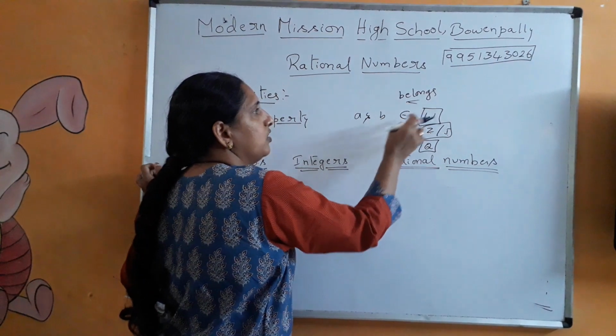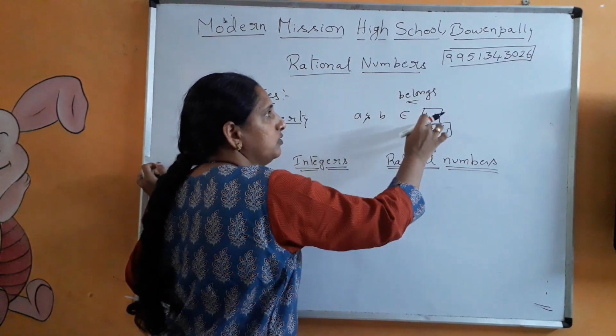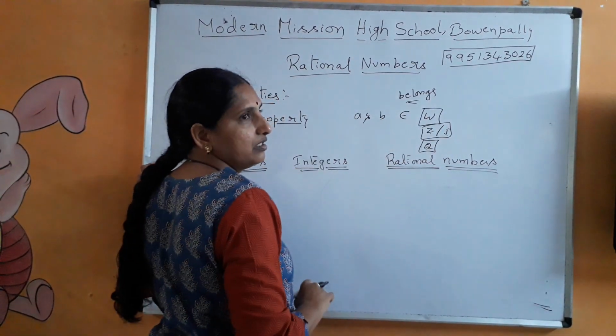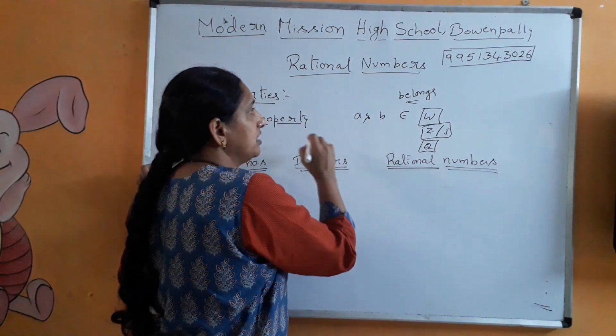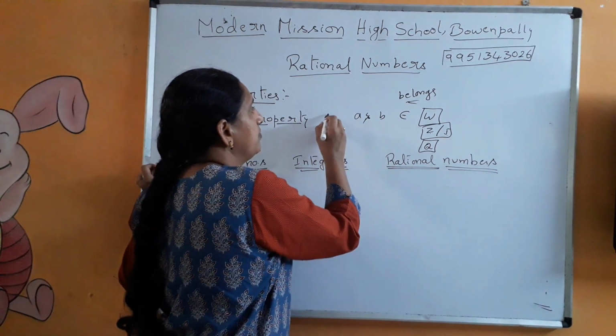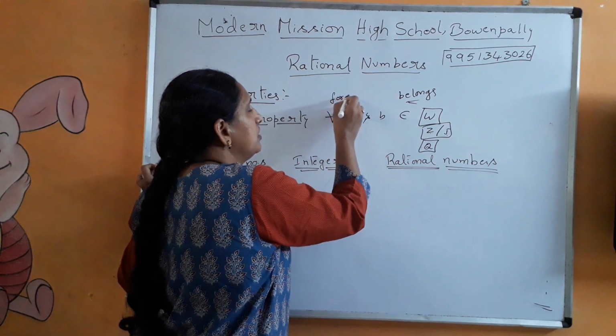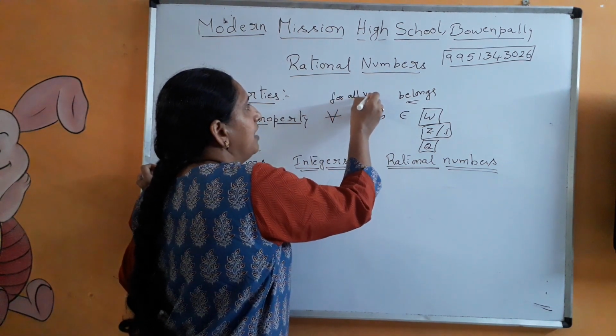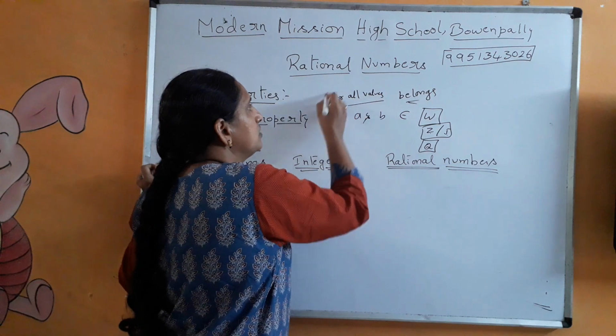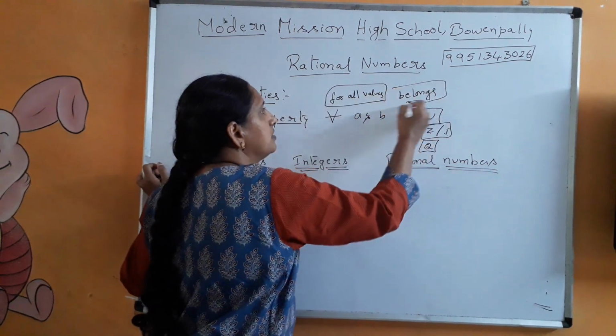If A and B belong to whole numbers, for all values of A and B. What is the meaning of this? For all values. So these are the shortcuts, the symbols, you need to remember.